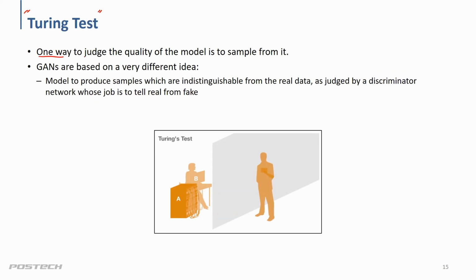One way to judge the quality of the model is that we sample from the model, and we can also sample from the data set. Then we're going to ask. So let's think about this. We have A as AI, and this is the human.